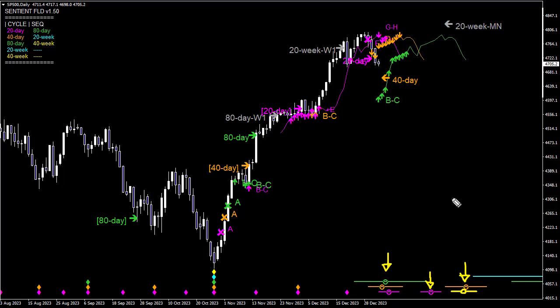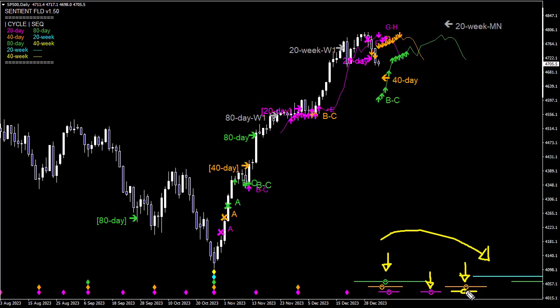But it does not have quite such a thorough and full understanding of the cycle analysis as our other cycle analysis tools. And this is seen in the plotting of the future expected troughs. The sentient FLD indicator does not do the work necessary to calculate accurately exactly where cycle troughs several waves in advance are expected, because the truth is we do not need to know that.